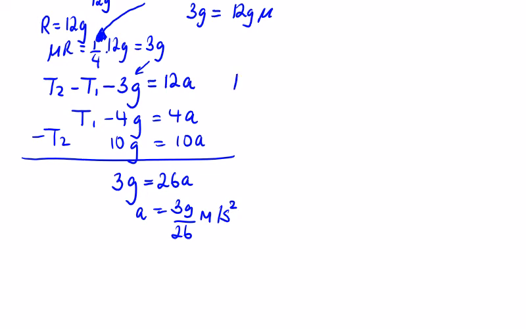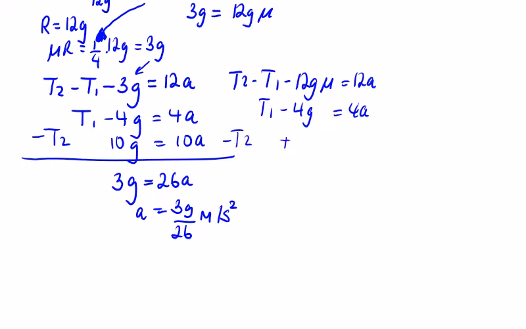So we're going to have T2 minus T1 minus 12g mu equals 12a. We're going to have T1 minus 4g equals 4a, and minus T2 plus 10g is equal to 10a. Are we going in the right direction?